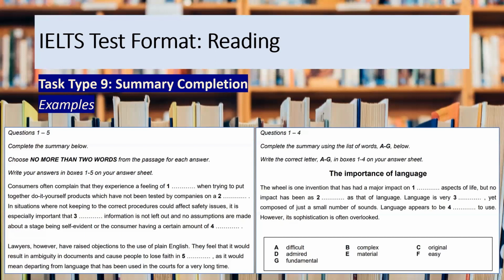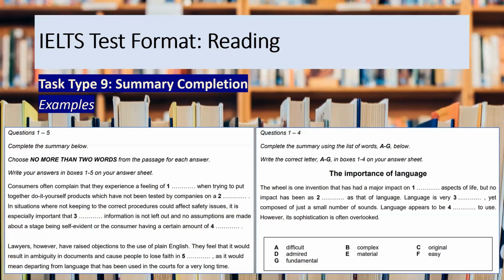There are 5 questions in this instance, and the words are to be chosen from the passage. The question says, choose no more than 2 words from the passage for each answer. No more than 2 words means every answer 1 to 5 will have no more than 2 words. It can be 1 word, it can be 2 words, but it cannot be 3 words.